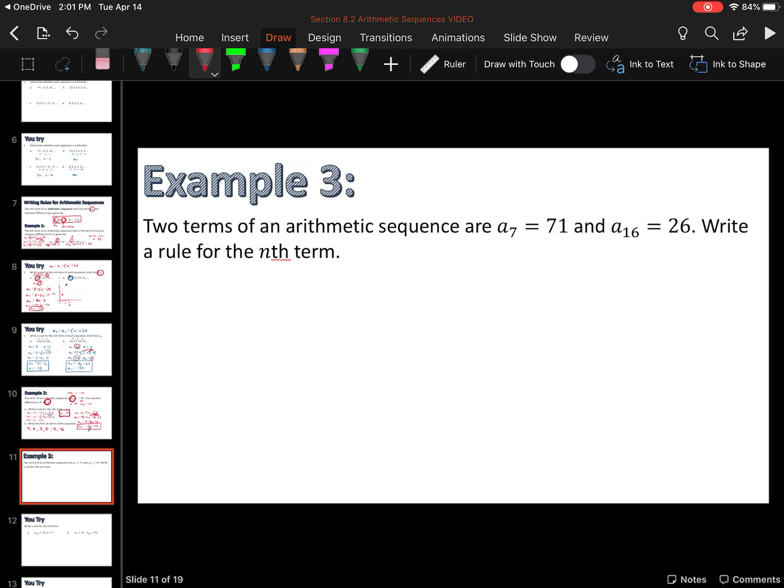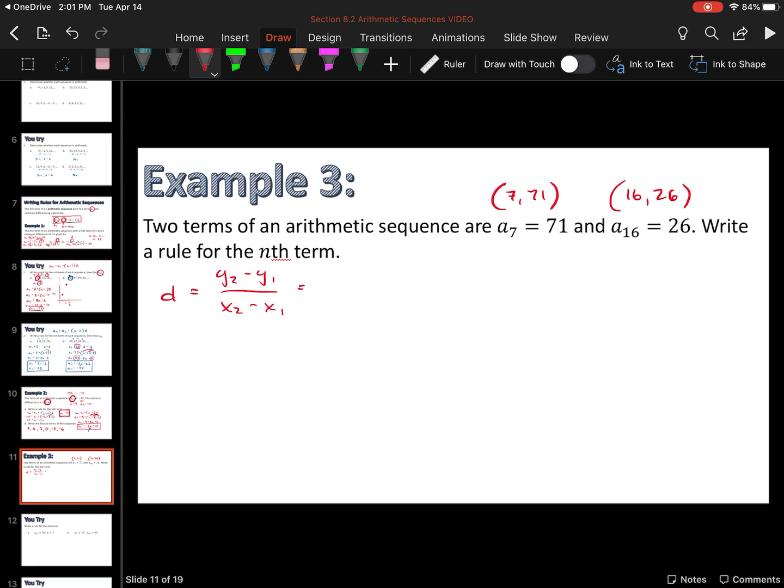In order to find the common difference, you're going to think of it as the slope. So we're going to think of this point as (7, 71), and we're going to think of this point as (16, 26). The 7th term is 71, the 16th term is 26. And if you think back to your formula for slope, which is our common difference here, that was y2 minus y1 over x2 minus x1.